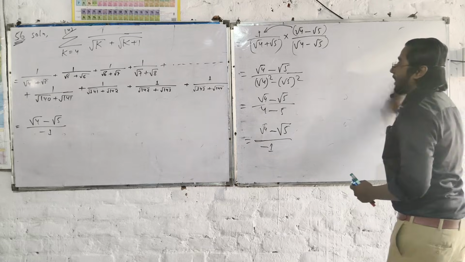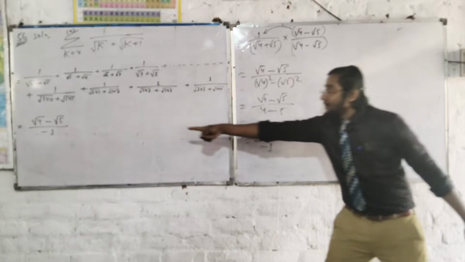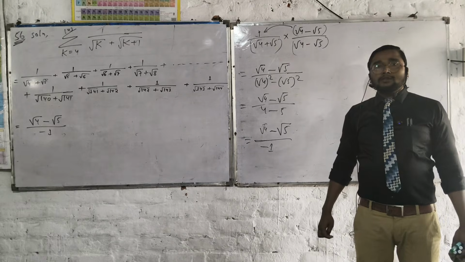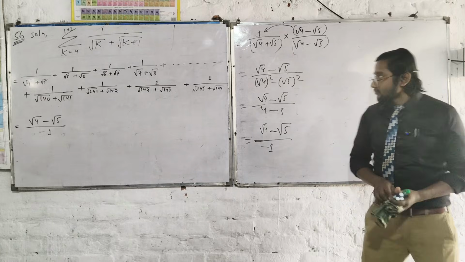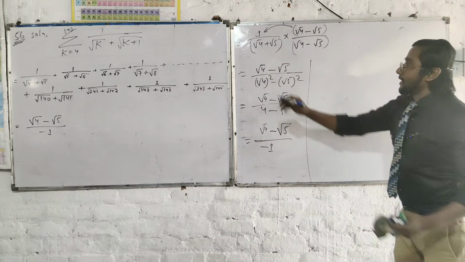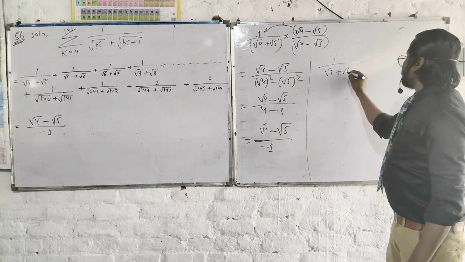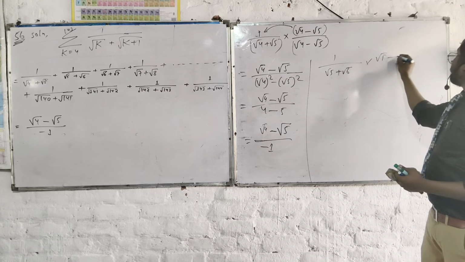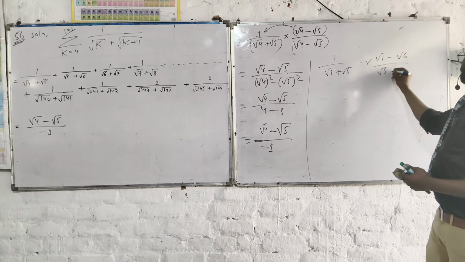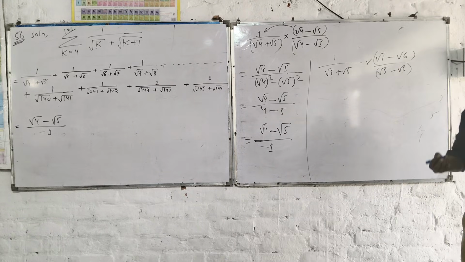You tell me directly. The next term we have is 1 by root 5 plus root 6. You tell me what you will get, like these terms. I hope you understood that. Don't worry, we will do the calculation again for the second term, root 5 plus root 6. What is the rationalization? We have to change the middle symbol to make it positive.